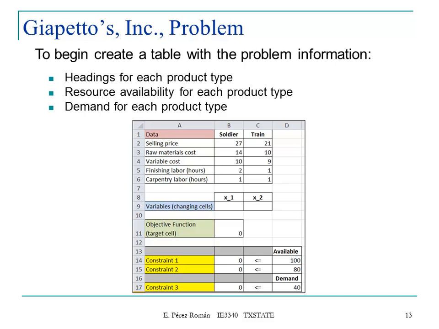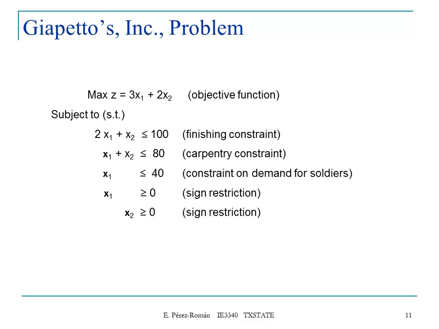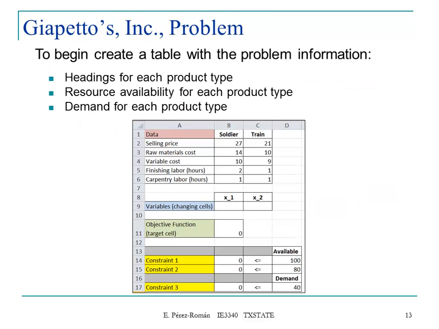And then you can have a group of cells for each constraint. So for example, in our problem, we have 3 constraints. So I'm using a table for the constraints, and I'm identifying each constraint, 1, 2, and 3. And you'll see what values you will insert in these cells. But you know that each constraint will have a less than or equal value. And you already know the right-hand side of those constraints.